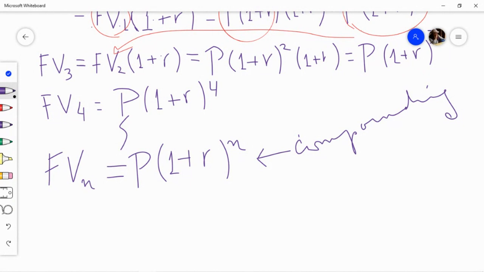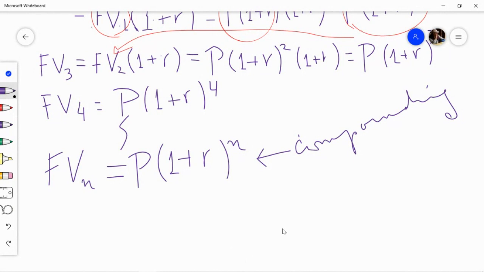So principal plus interest, which is FV1, is earning interest for the second year. So the interest portion in FV1 earns interest again. So interest is compounded. Year 3, year 4, year 5, the accumulated interest from the previous years gets compounded again, right? So that's how you find a future value.